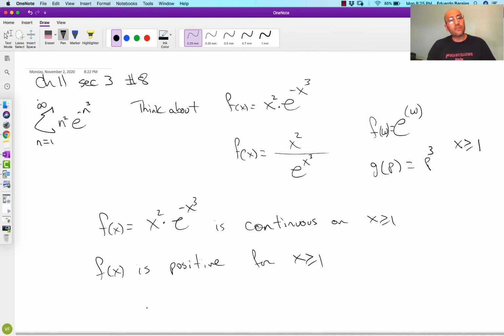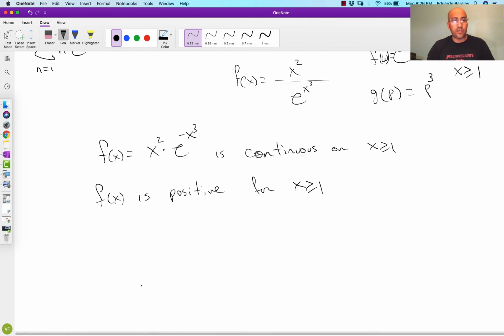And finally, we need to determine whether this function is decreasing. That one is the one that's a little tougher. To show that the function is decreasing, we're going to find its derivative. So we're going to find f prime of x, which is equal to d dx of x squared over e to the x to the power of 3, right? So we're going to have a quotient rule situation.